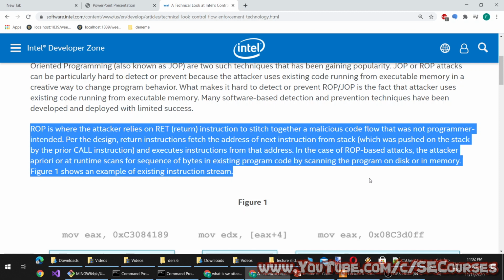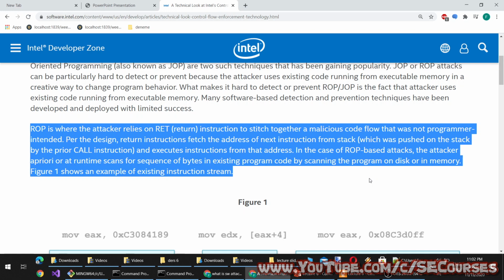ROP is where the attacker relies on the return instruction to stitch together a malicious code flow that was not programmer intended. Per the design, return instructions fetch the address of the next instruction from the stack, which was pushed on the stack by the prior call instruction, and execute instructions from that address.